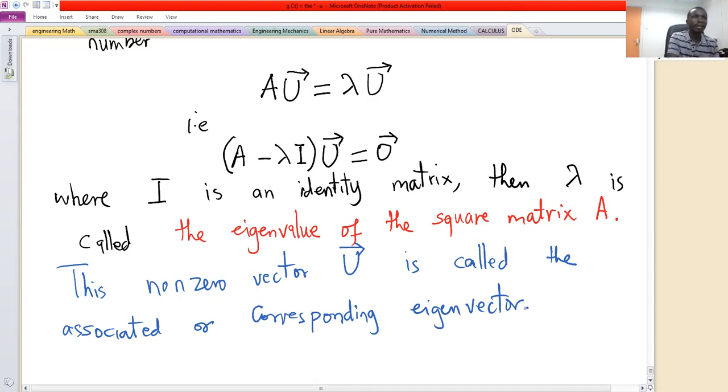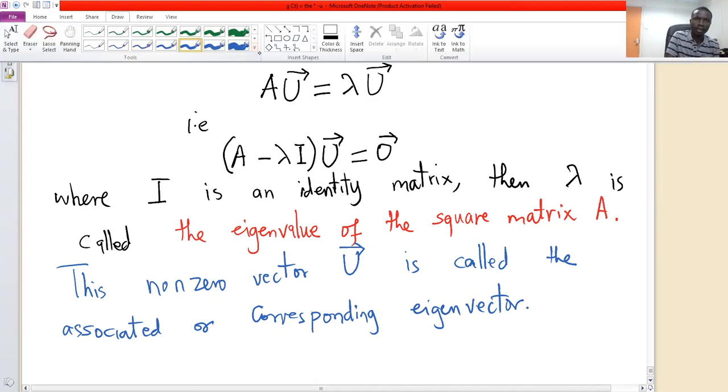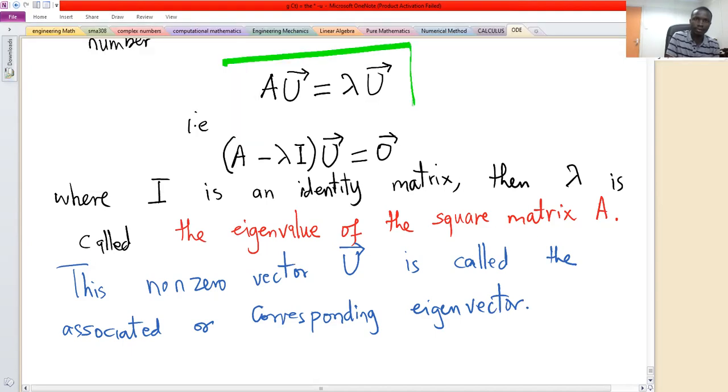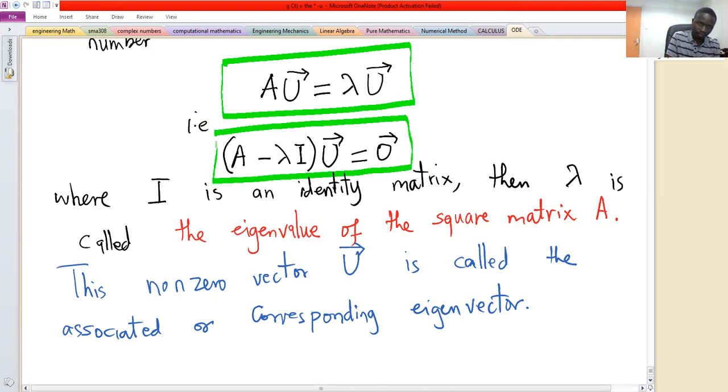to this eigenvalue lambda. So this is the main thing: if there exists a non-zero vector u such that there's a number lambda, that if you have any square matrix A, you multiply by this vector u, then the value is the same as this scalar lambda multiplying the same vector u.